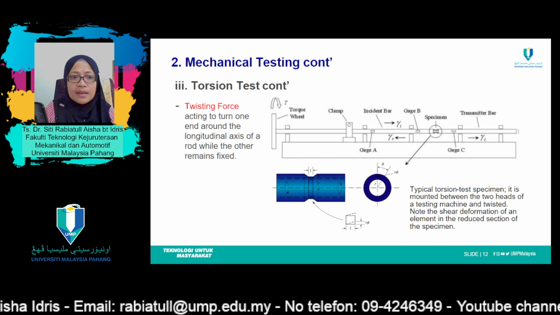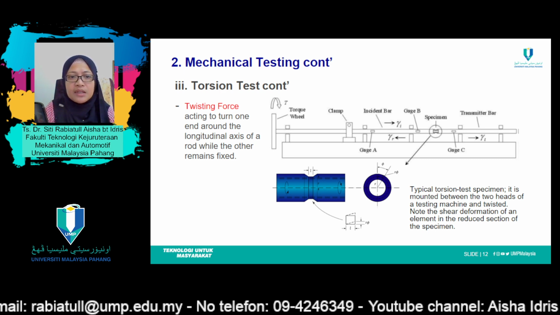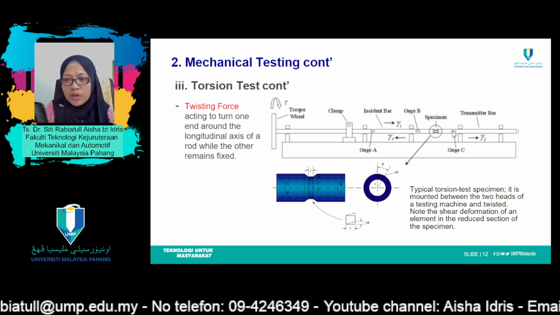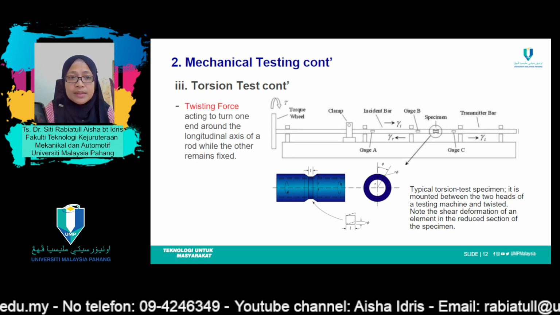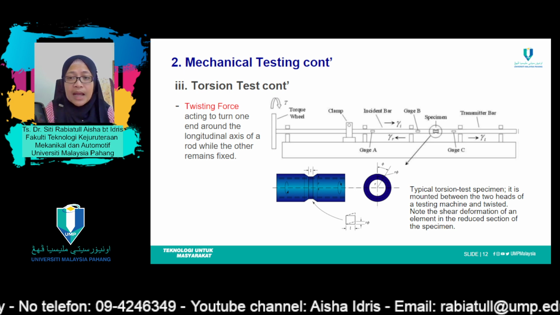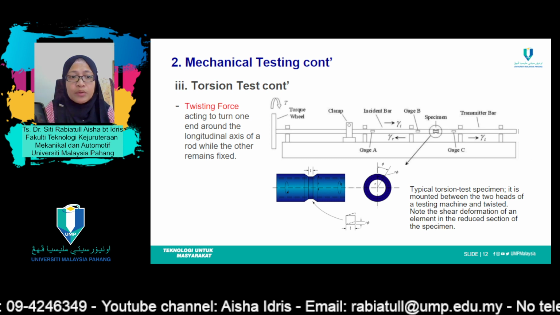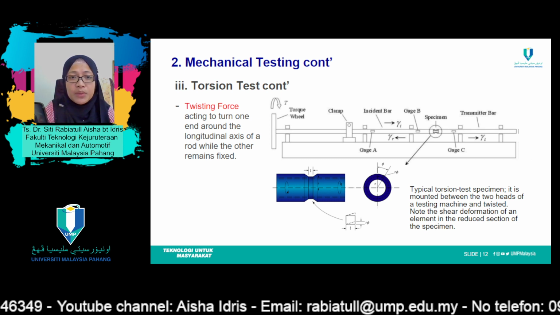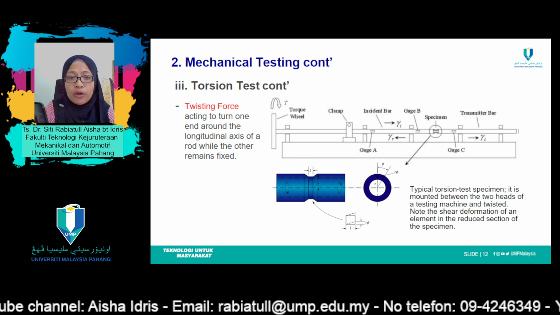For the torsion test, typically a longitudinal sample is placed in a torsion tester over here, and one end of the sample is twisted around the long axis until failure, during which the force, or in the case of rotation the torque, and the displacement, or in the case of rotation the angular displacement, are recorded.